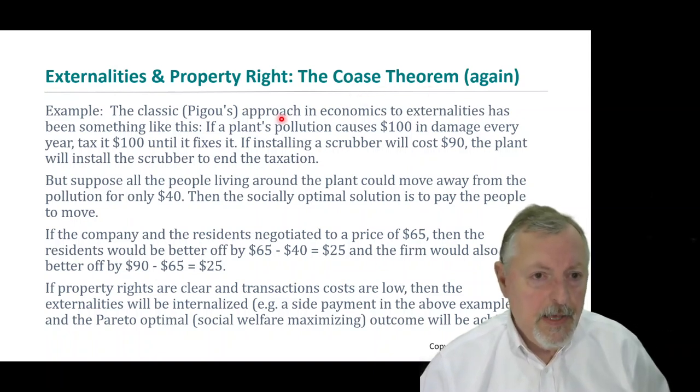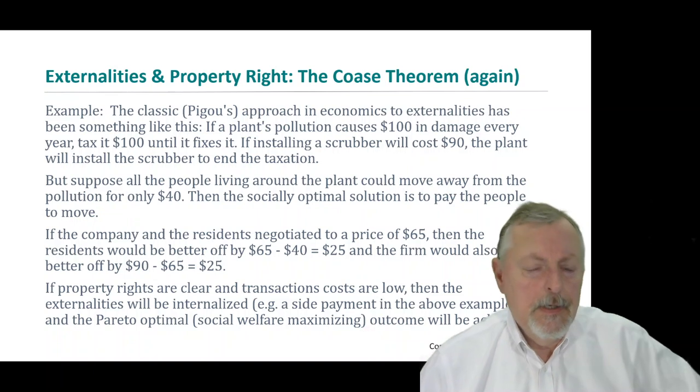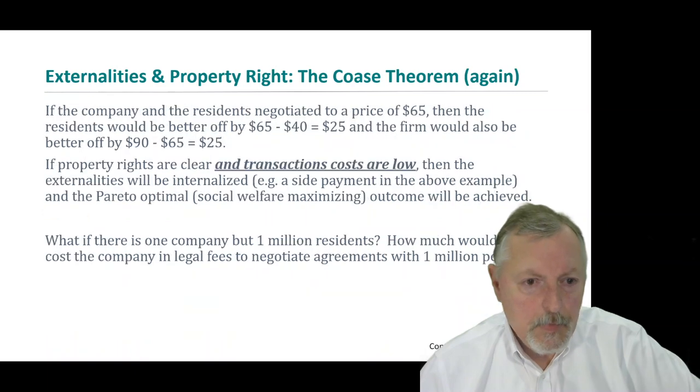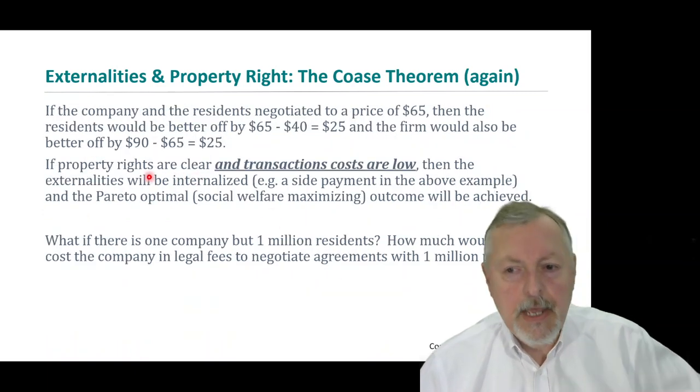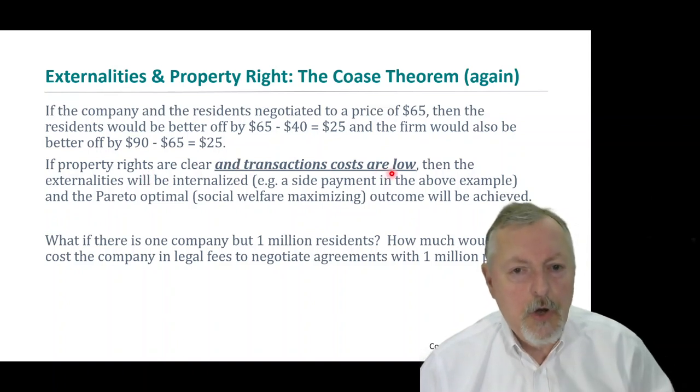The Coase theorem again: $40 for people to move to get away from the pollution, and that's the social welfare maximizing outcome. But that only works if A and B and C are true and transaction costs are low.